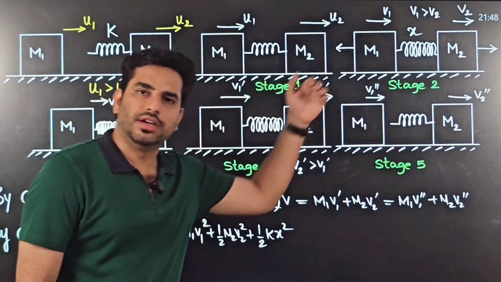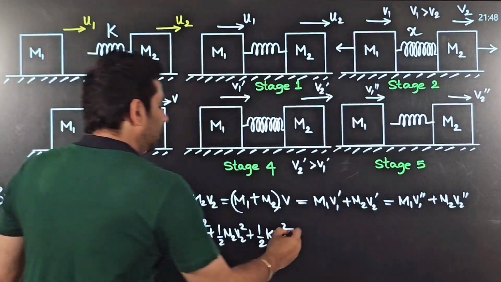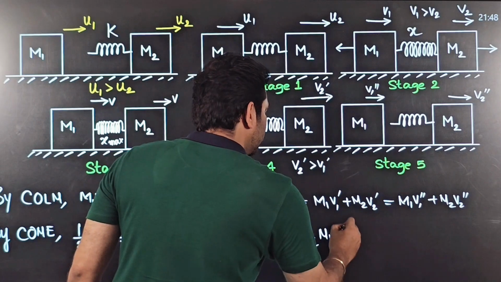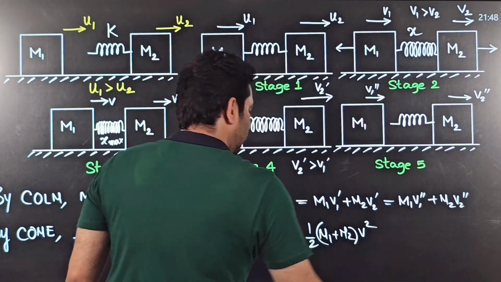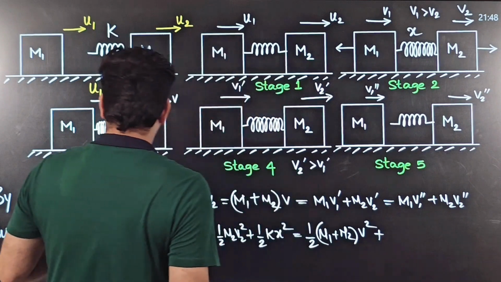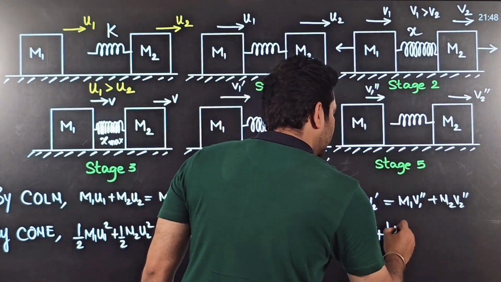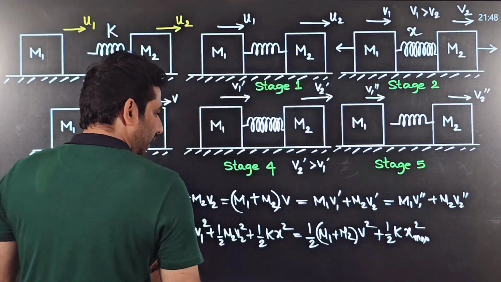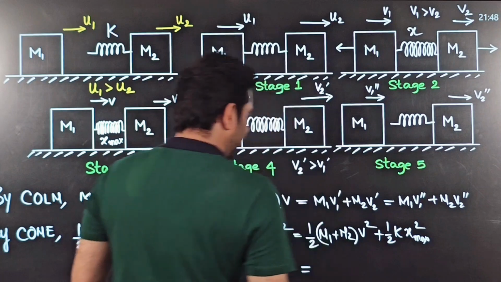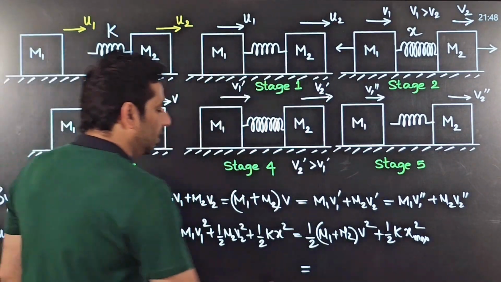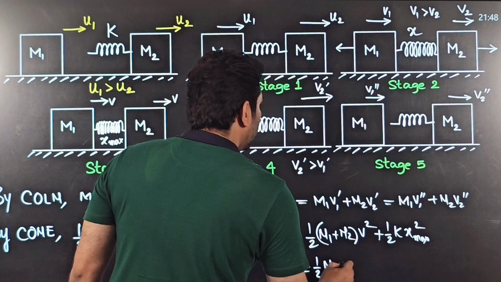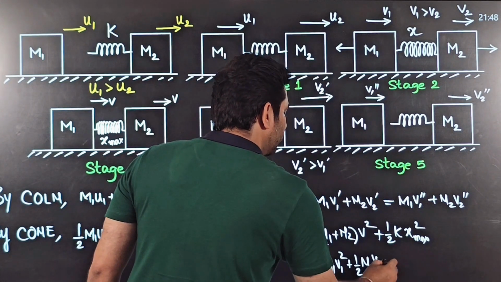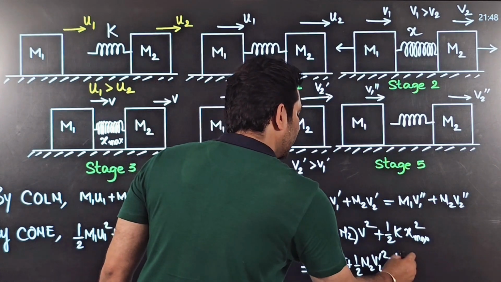Part of kinetic energy is converted to spring potential energy. That is equal to stage 3, half (m1 plus m2) into v square, common velocity, plus maximum spring potential energy half k x max square. That is equal to, so I am applying equality here, stage 4, half m1 v1 dash square plus half m2 v2 dash square plus half k.